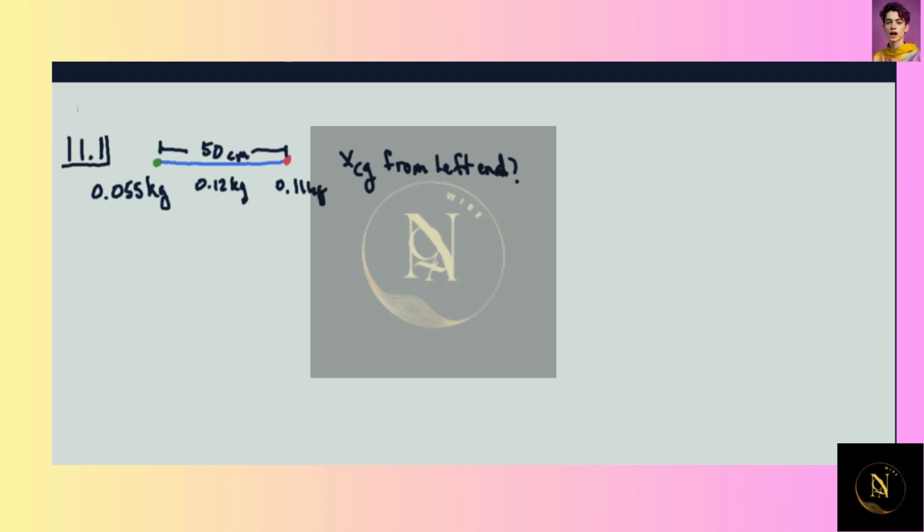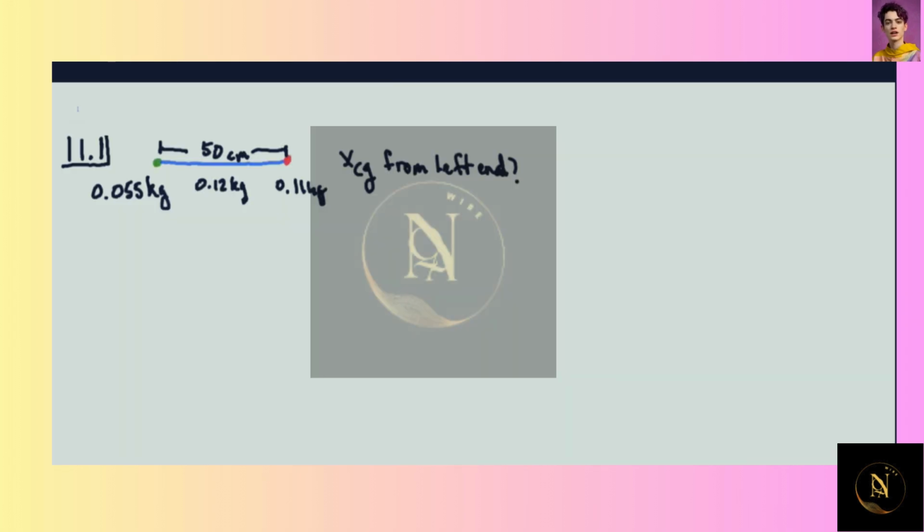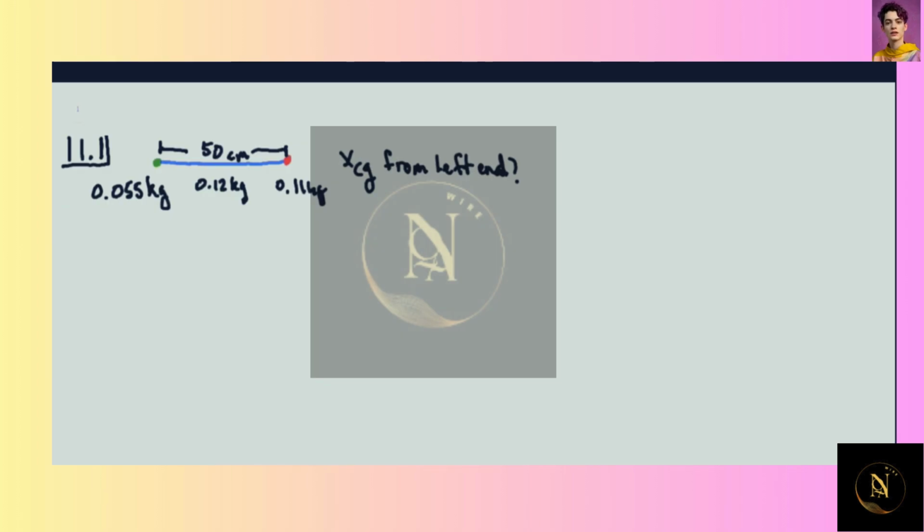So when the variation in the force of gravity with elevation can be ignored, like in most cases, the center of gravity and the center of mass are the same.